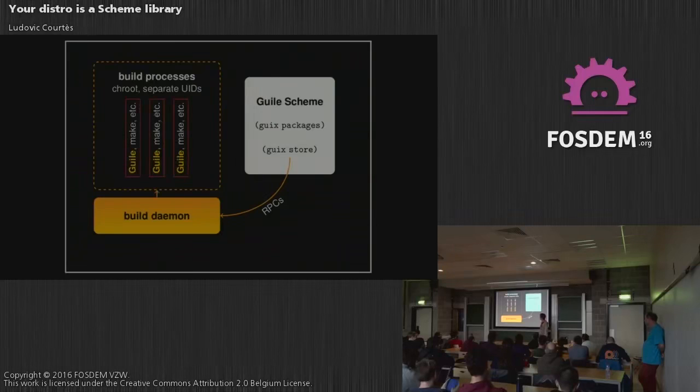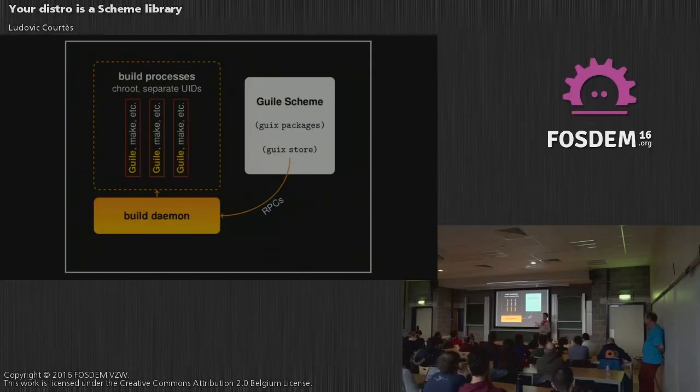And if it needs to build it, then it's going to launch whatever needs to be done to actually build the package. So it's going to run configure, make install, and so on, right, for Emacs plus all its dependencies. But this is all being done by the daemon itself on behalf of clients. This is so that we get isolation, right?